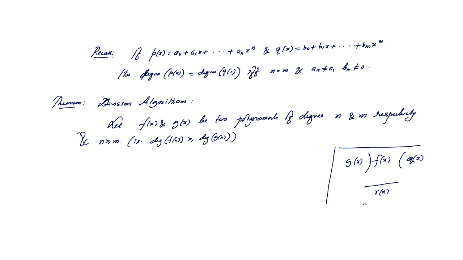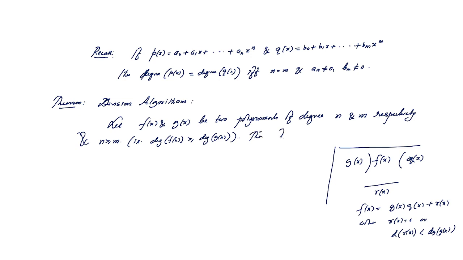So what will be the relation? The relation will be f(x) equals g(x) times q(x) plus r(x), where either r(x) equals 0 or the degree of r(x) is less than the degree of g(x). That is basically called the division algorithm.